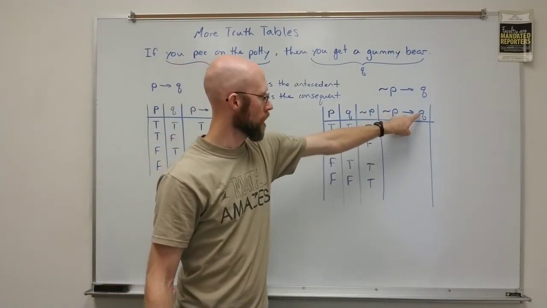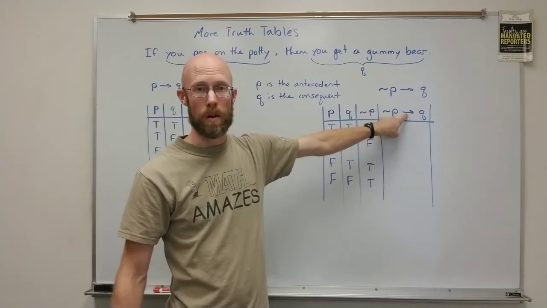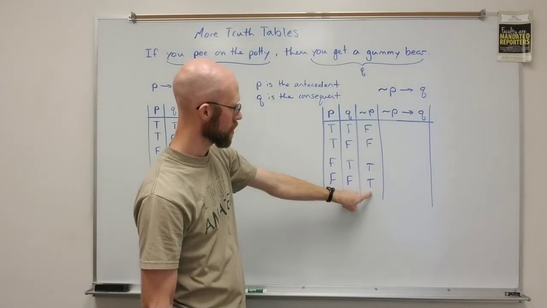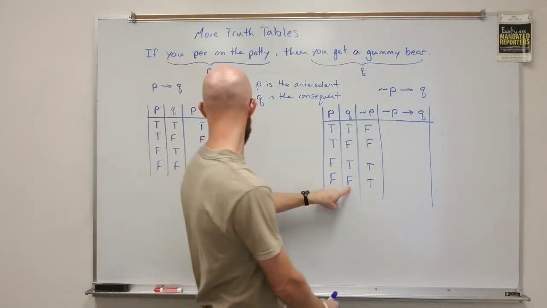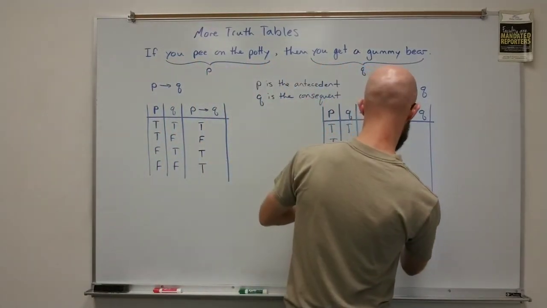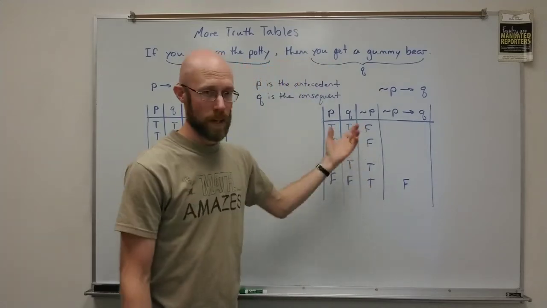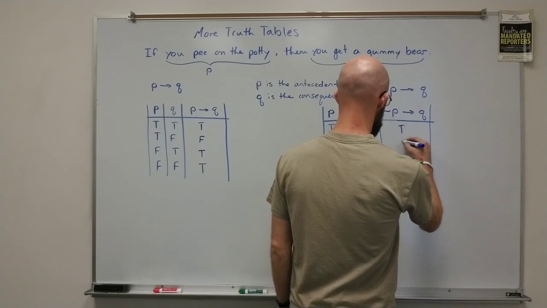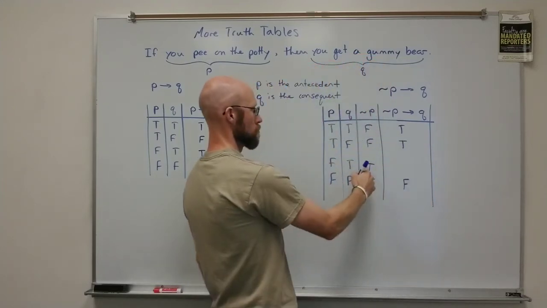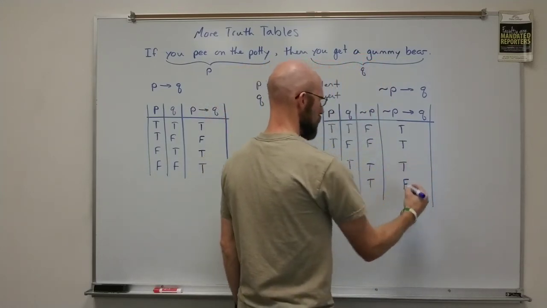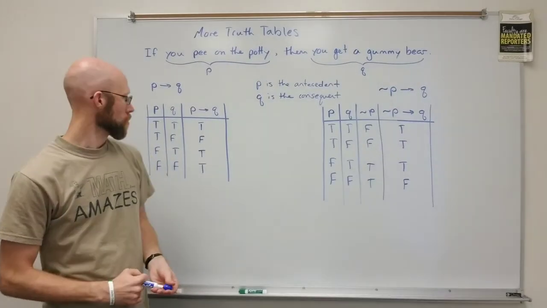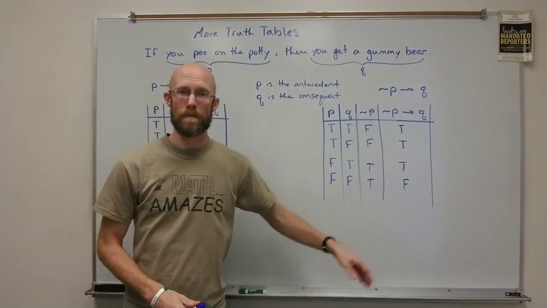What's really important is how they relate to the arrow, right? The antecedent comes first, the consequent comes second. So I want true antecedent, false consequent. That results in a false conditional statement. Everything else is true. So as long as the antecedent is false, the statement is true, and as long as both are true, the conditional statement is true. Okay? So we get 3 trues and a false there as well.